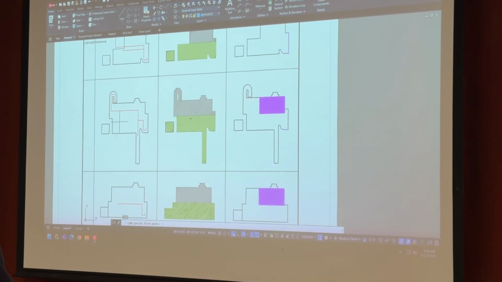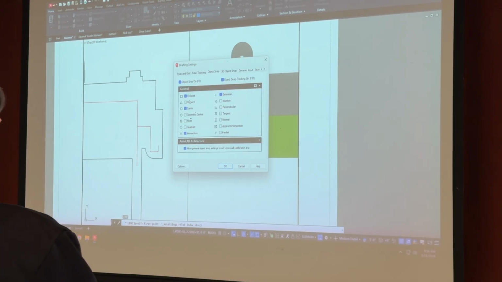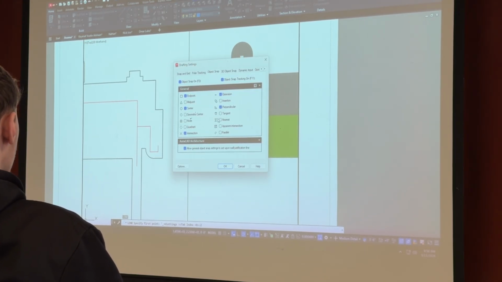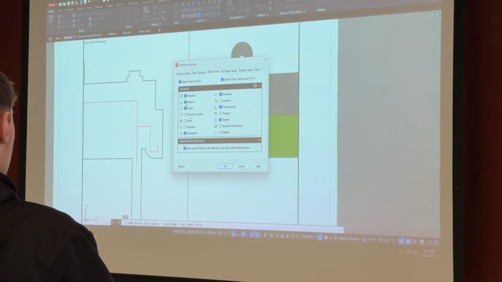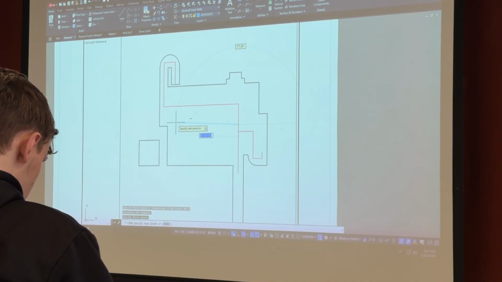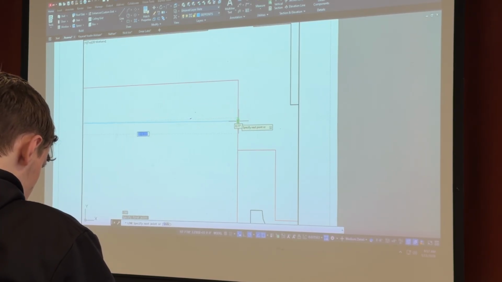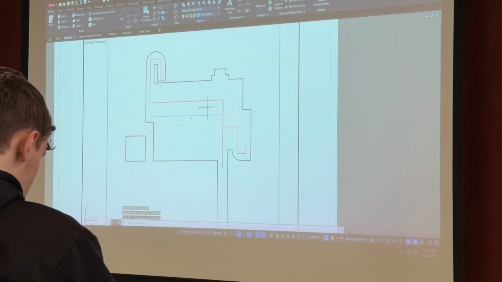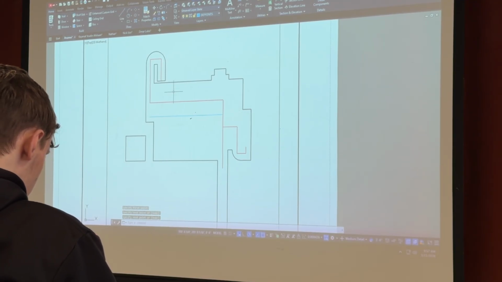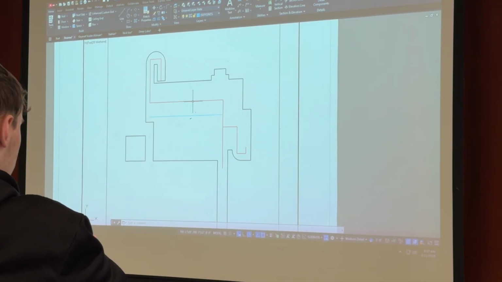This line really wants to be somewhere down here. The reason why I say that is because that's a circulation spine. You always circulate on the edge of a room, not through the middle of the room.